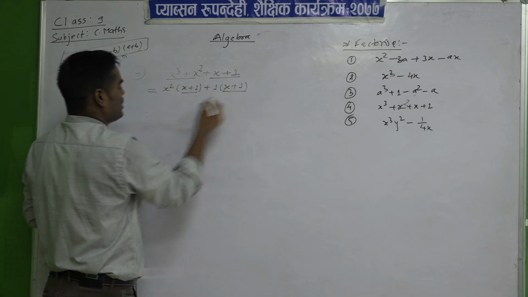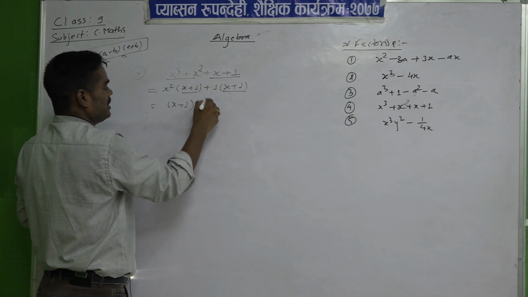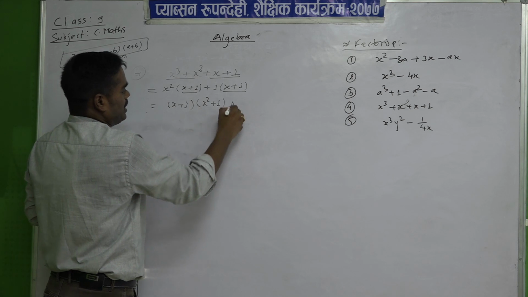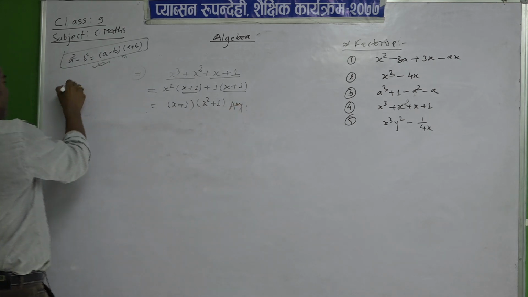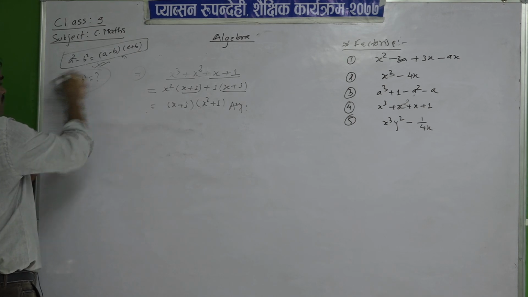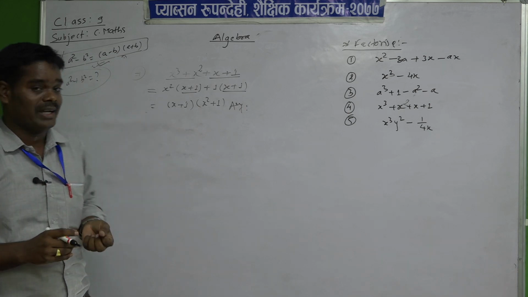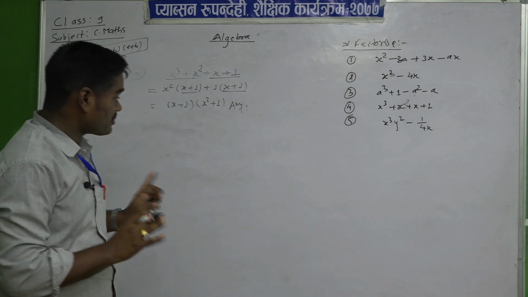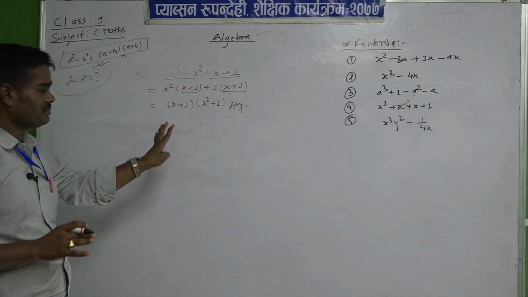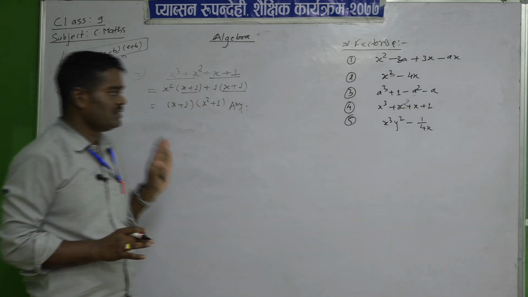Again we have to take x plus 1 common, and then x square plus 1. You know that a square plus b square has no formula in the form of factors. Is there any problem? No problem, I think. Then we move toward question number 5.